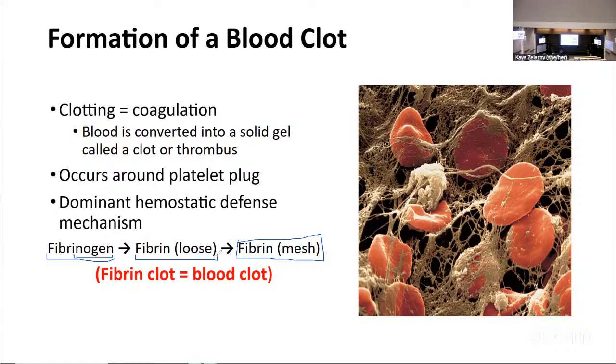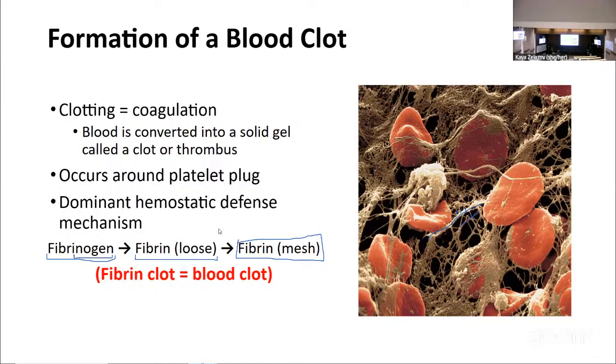So a couple of fibrin strands on their own aren't really going to be enough to form a stable clot. We need to then bind those fibrin strands together, which is what the fibrin meshwork is. So we're thinking like, some fibrin here, but we can see that we've also got these cross connections to other fibrin strands.